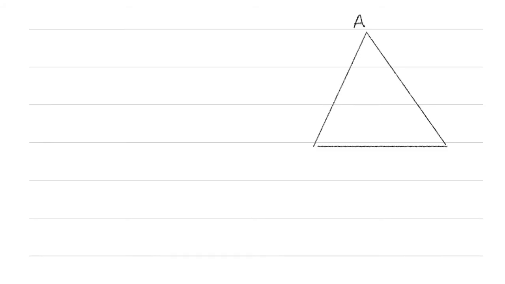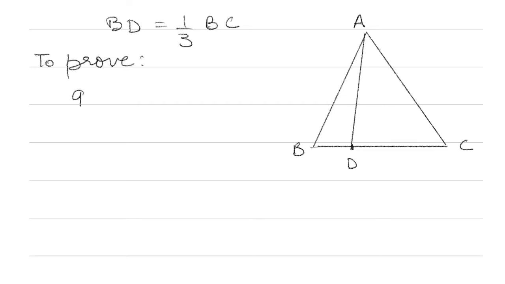Here we have an equilateral triangle ABC, and D is a point on BC such that BD is 1/3 of BC, and we need to prove 9 AD square is equal to 7 AB square.